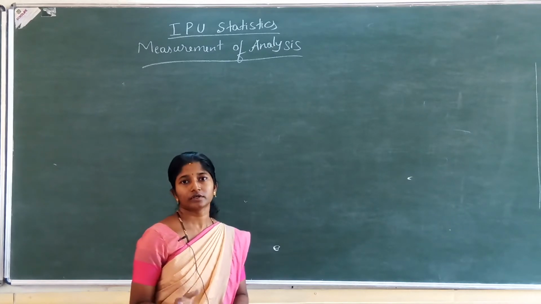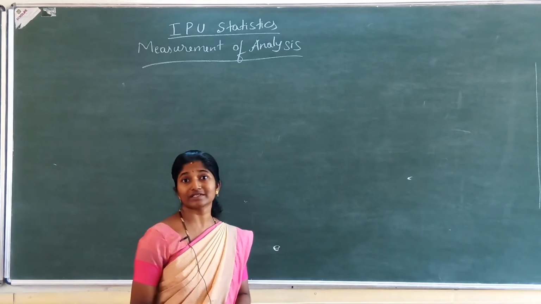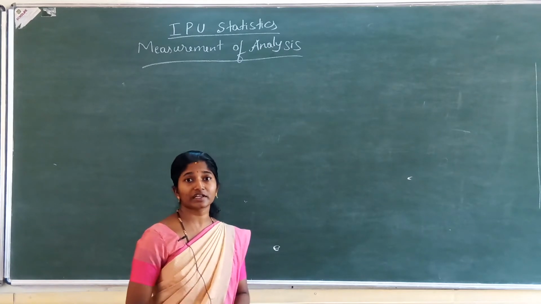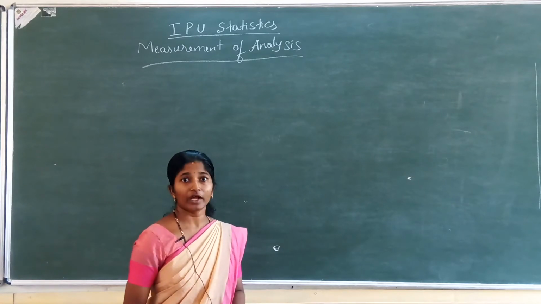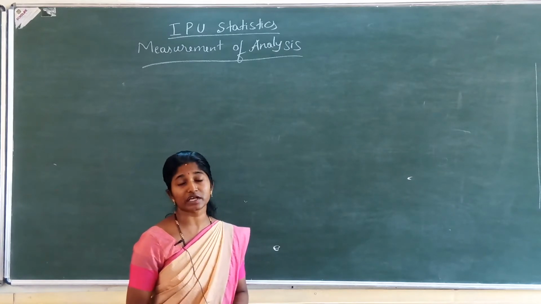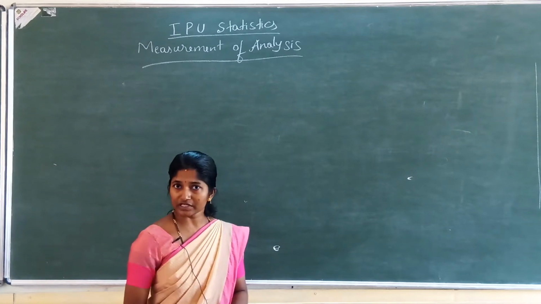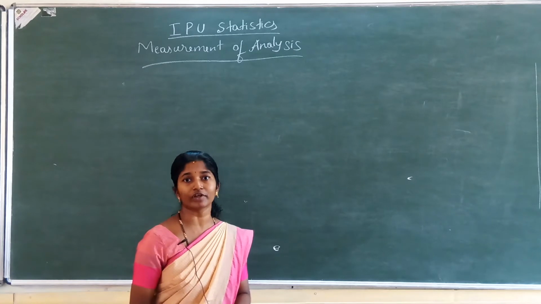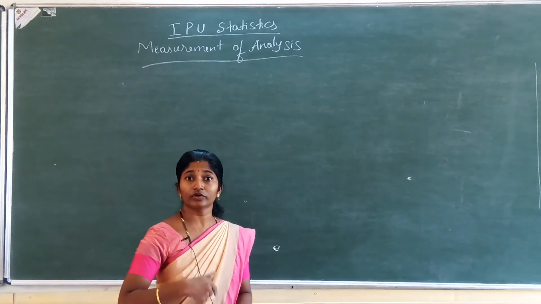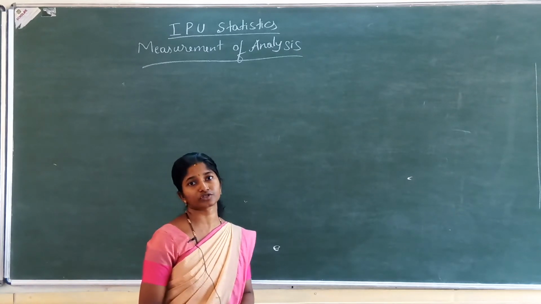And if it is a less than cumulative frequency, then the frequencies are in LCF, and if more than cumulative frequencies are given, the frequencies are in MCF. You should convert the frequencies also into a simple frequency distribution.